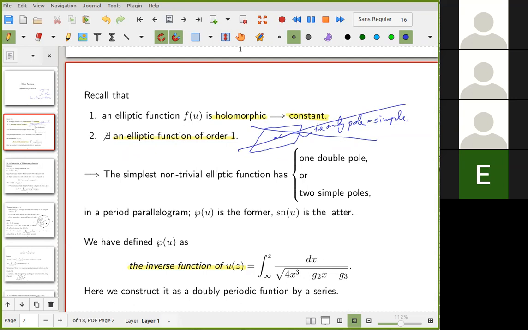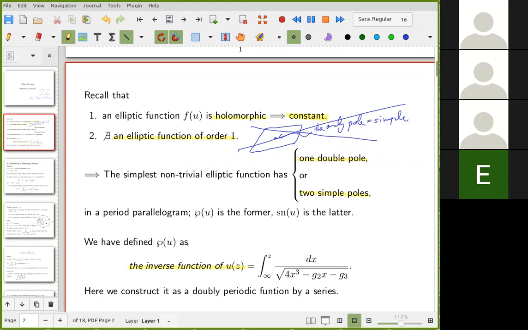Well, in principle, it's by the residue theorem. So the simplest possible non-trivial elliptic function should have two poles in a period parallelogram, with multiplicity, namely, it should have one double pole or two simple poles.